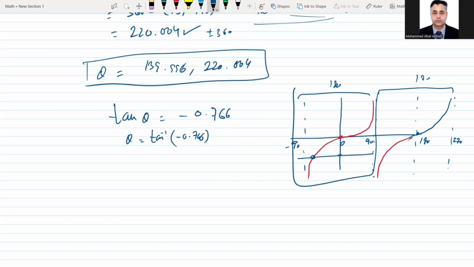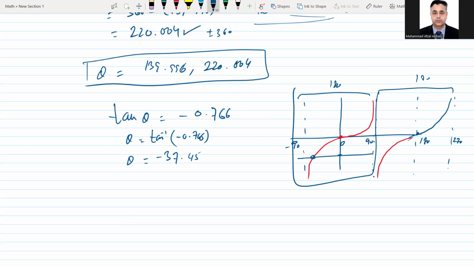So we'll take tan inverse of negative 0.766. It is negative 37.45, and I'm just writing 37.45. So this is my answer from the calculator. As I didn't write theta 1, theta 2, I need only one answer.